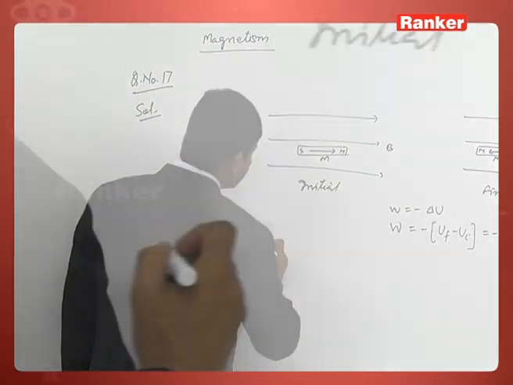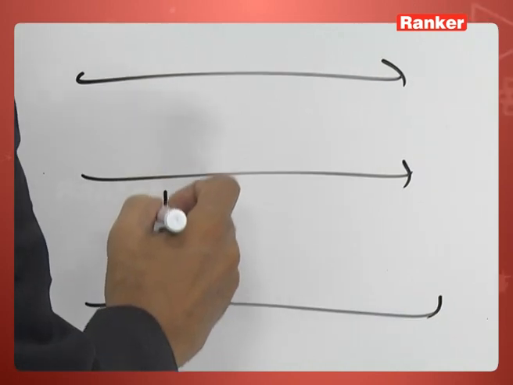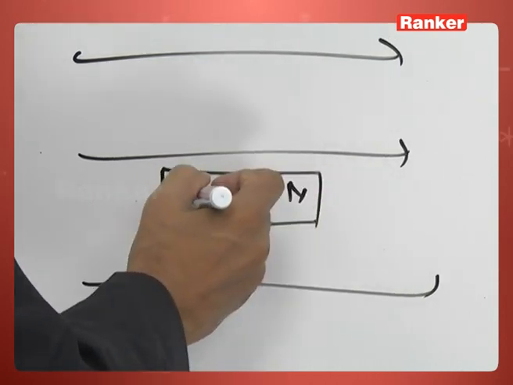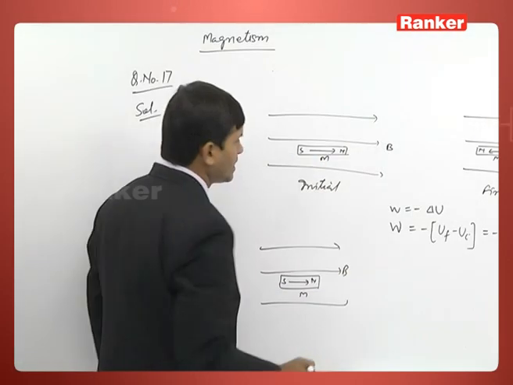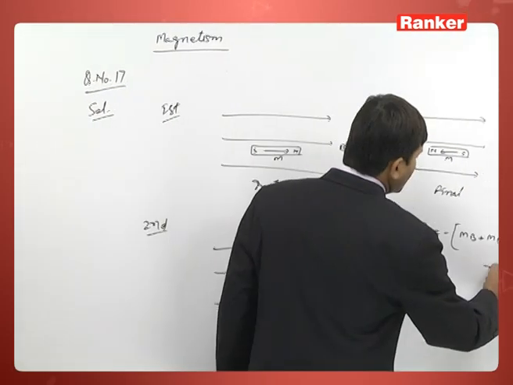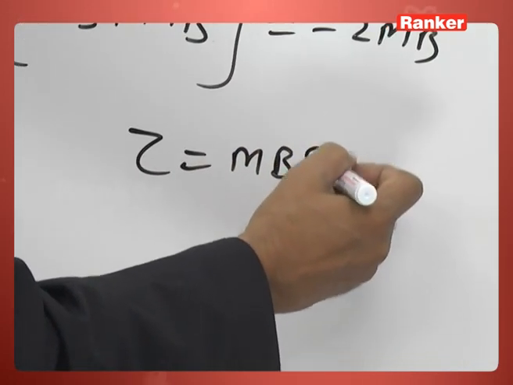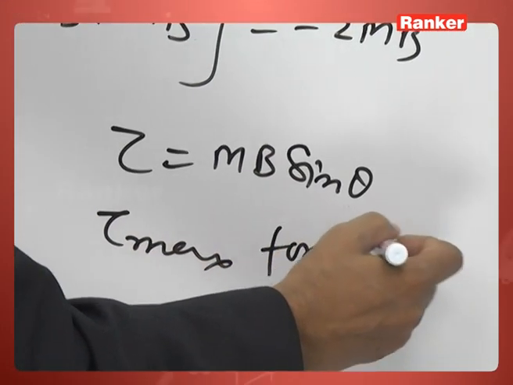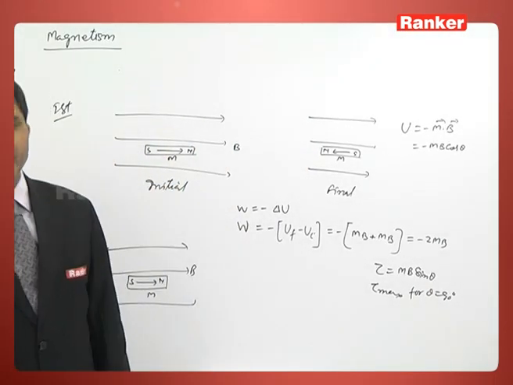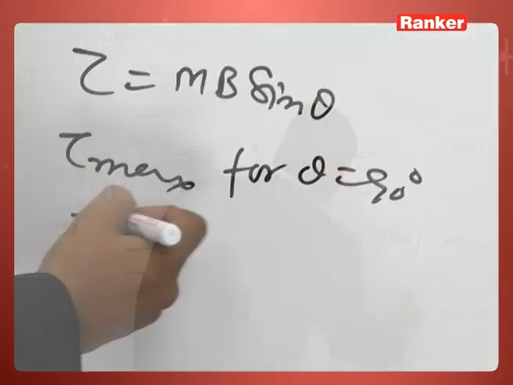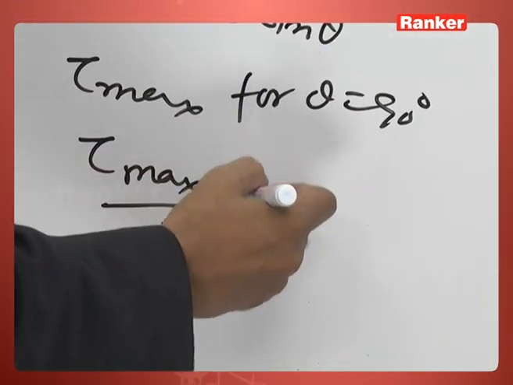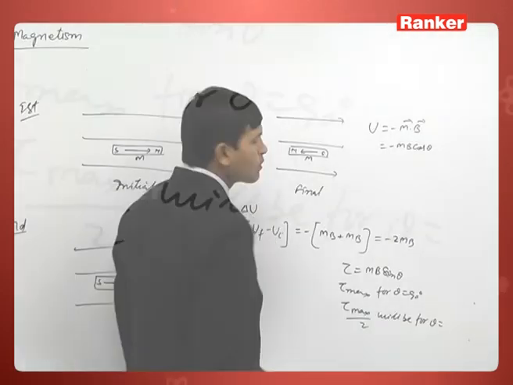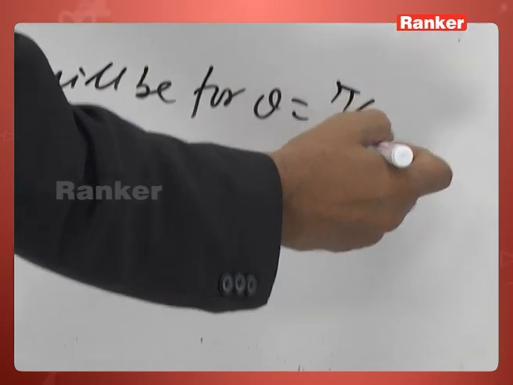The initial position is the same as in the first case, B and M. Torque is MB sin theta, so torque is maximum for theta 90 degrees. For half of the maximum torque, sin theta is 1 by 2, so theta is pi by 6.